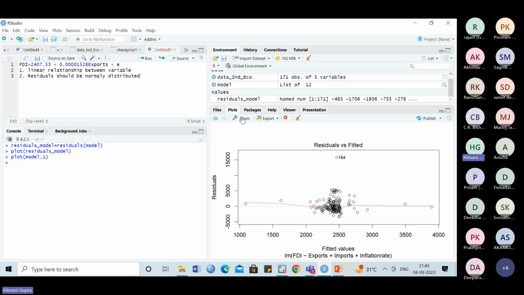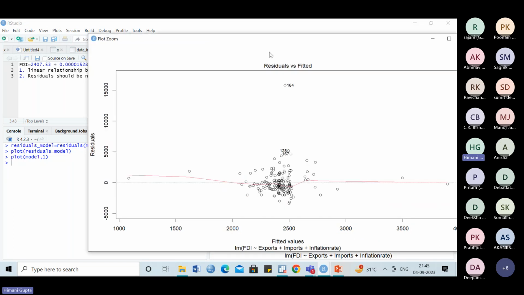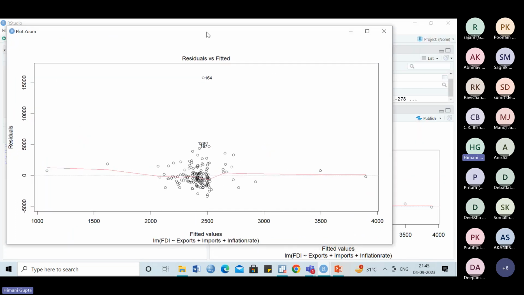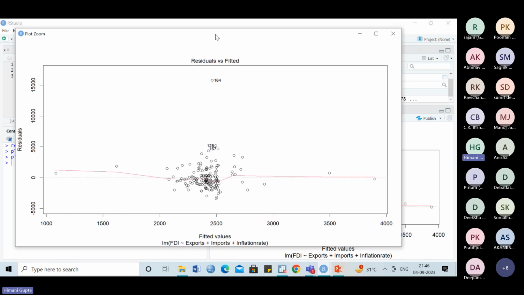There are two ways to represent whether there is a linear relationship or not. Either first create the residuals and make a plot of the residuals, or write the command plot(model, 1). Now you will see there is not a straight line. Are you able to see any straight line? No, it's not a straight line. Straight line is not there.